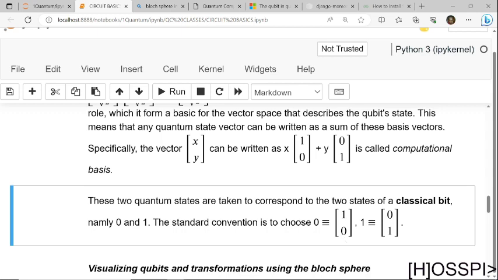0, 1. When you go deep in quantum or vector, when you have 0, you have to represent your 0 with this. When you have 1, you have to represent your 1 with this.